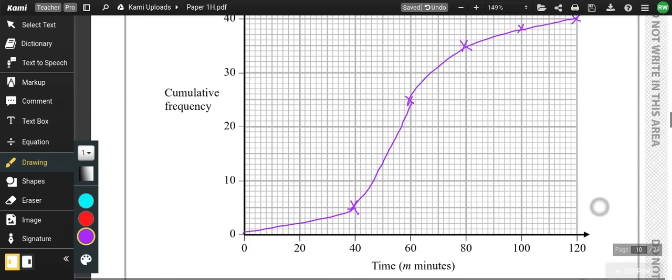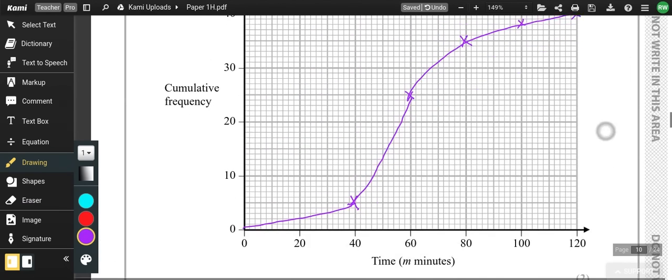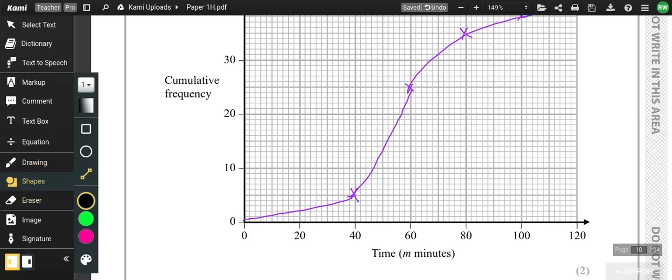Find an estimate for the interquartile range. So we need a 75% and 25% on here. Let's do 75% would be going across at 30 because it's 40 in total. And 10 would be the 25%.